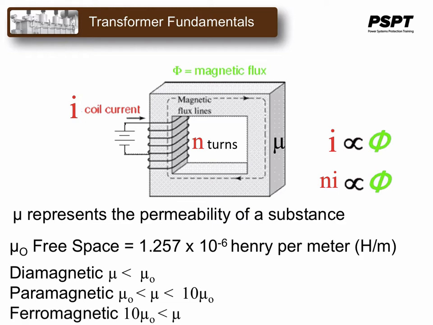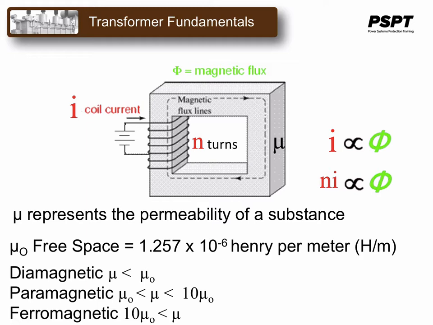And most importantly, the materials that concentrate the flux by a factor of more than 10 are called ferromagnetic. The permeability factors of some substances change with the rising and falling of temperature or the intensity of the applied magnetic field.